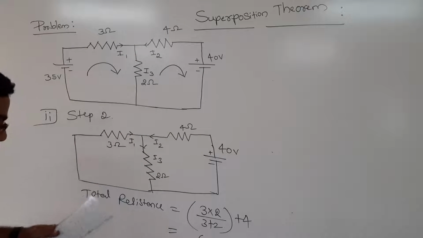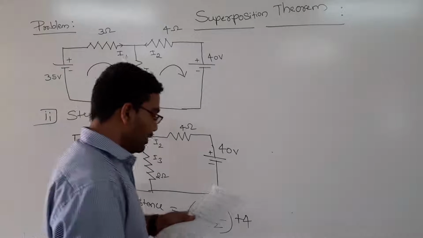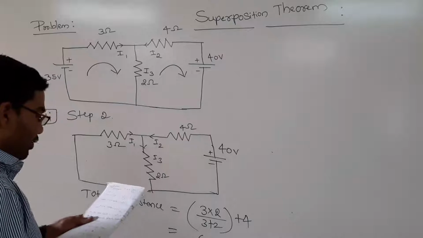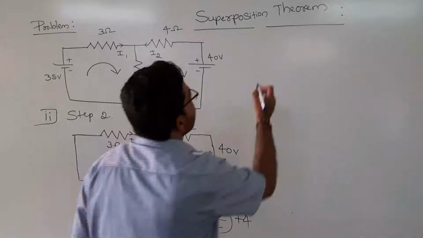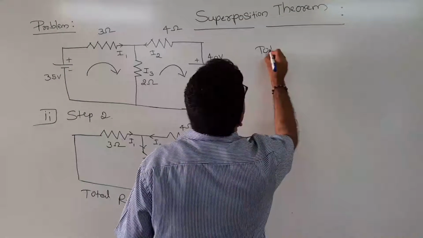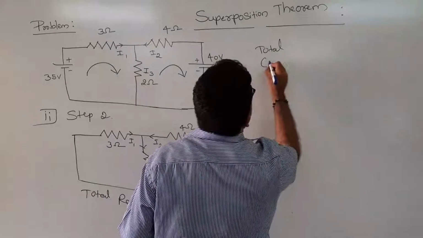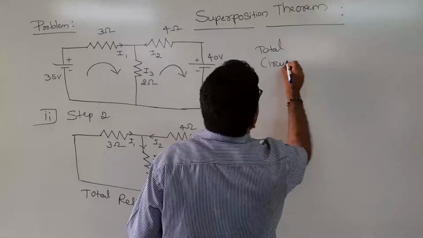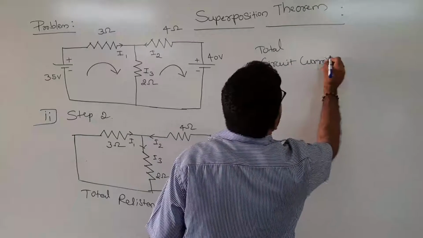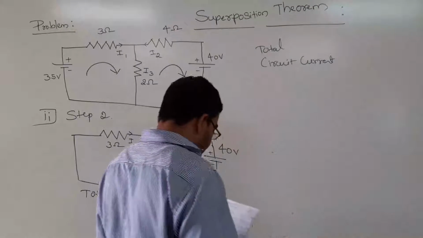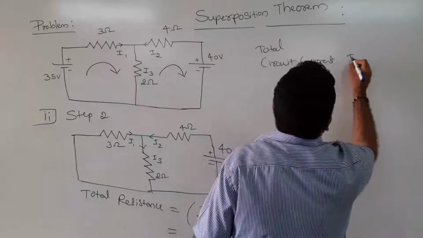After finding out the total resistance, I have to find out the total circuit current. I will consider it as I2 dash.